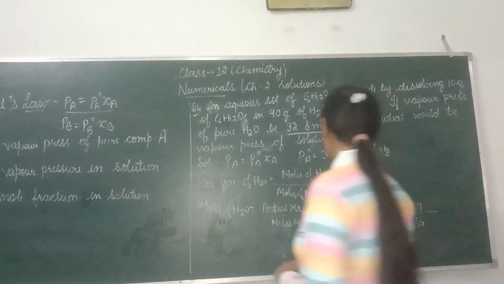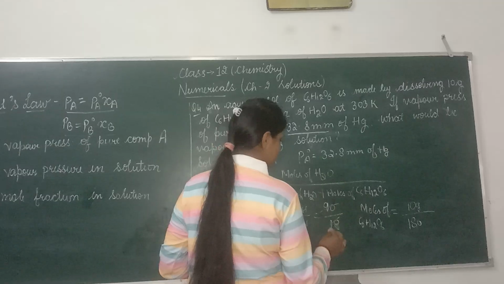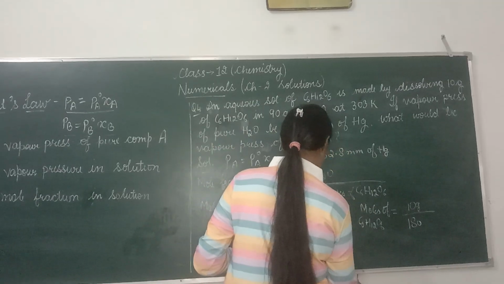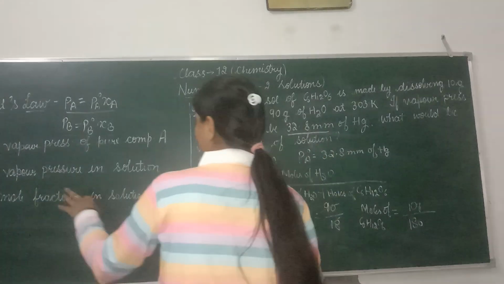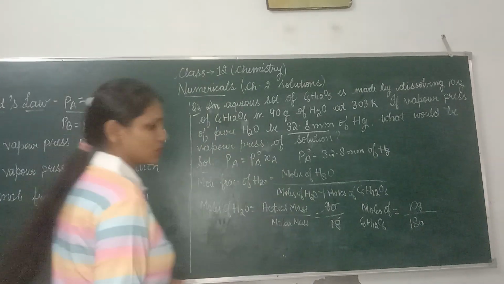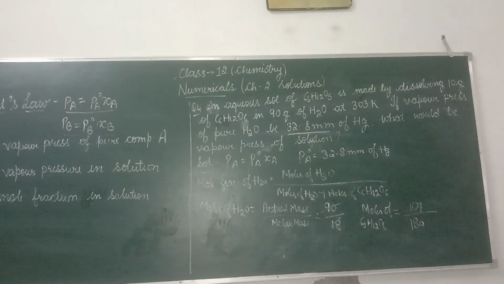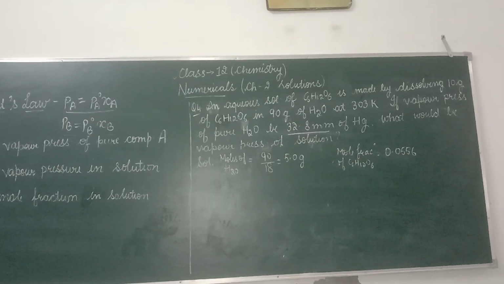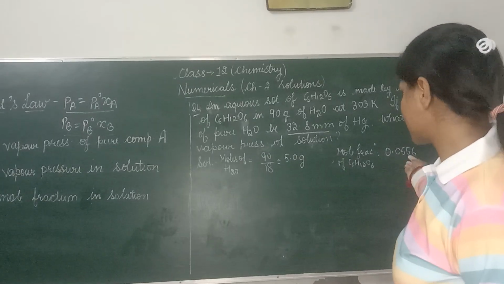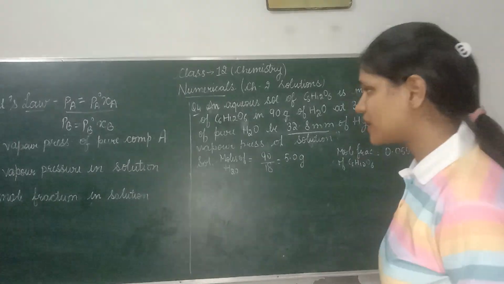By calculating this, moles of water comes out to be 5.0, and moles of glucose comes out to be 0.0556.